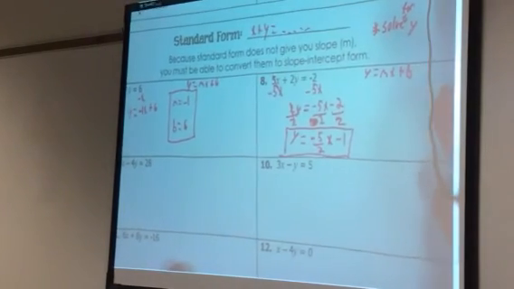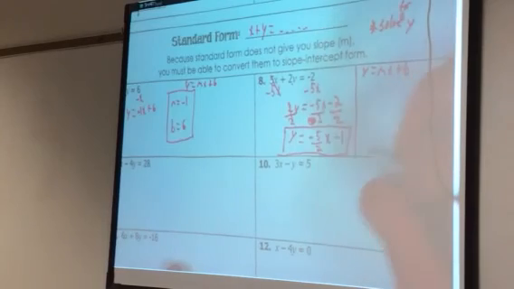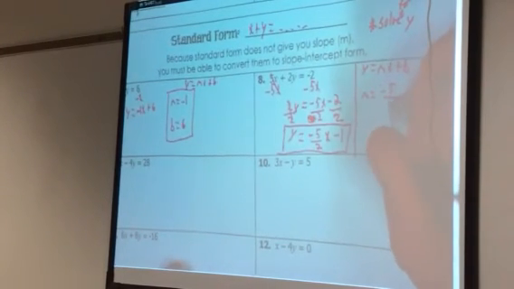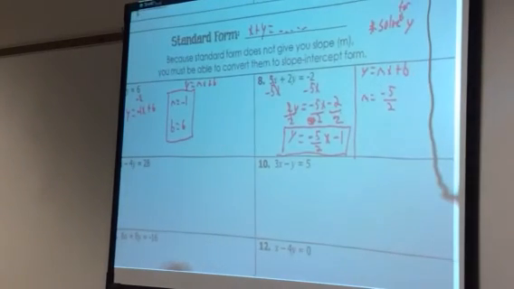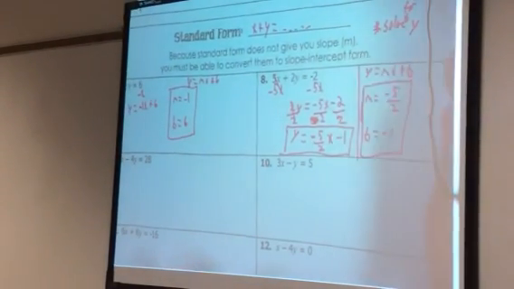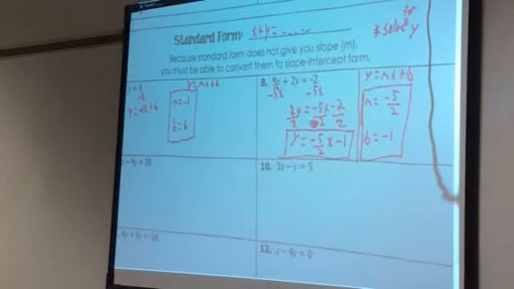So what was my m for number 8? Negative 5 over 2. So my slope would be negative 5 over 2, right? And my b is what? Negative 1. Does everybody see that? Yeah.